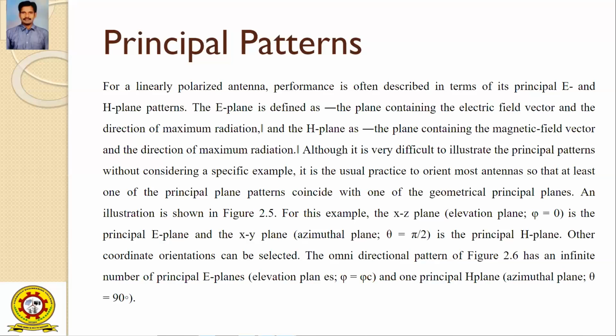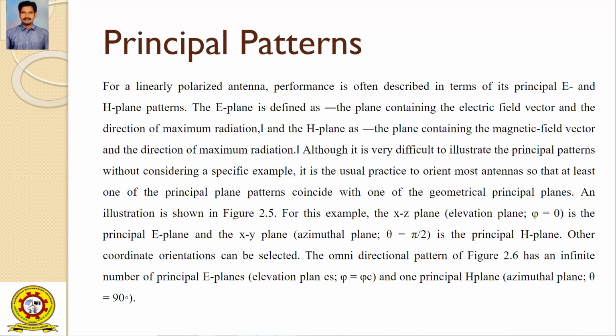Therefore, for better understanding, apart from our diagram, these principal planes are simple: that is xz elevation. In that elevation, theta equals pi by 2 and phi equals 0, that is the simple E plane. The XY azimuthal plane, in the azimuthal plane our elevation angle equals 90 degrees. That is called the principal H plane.